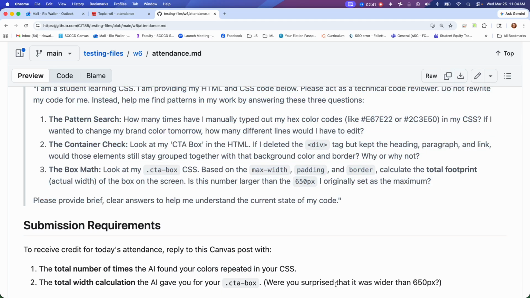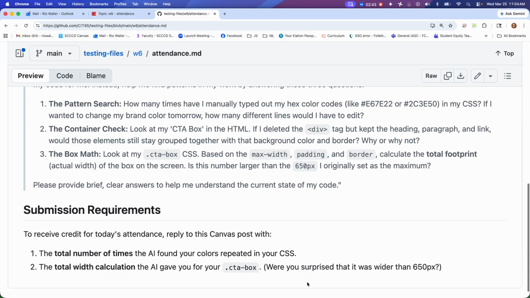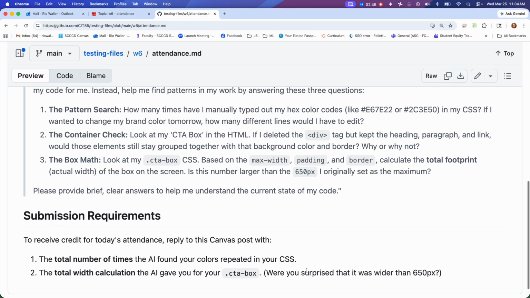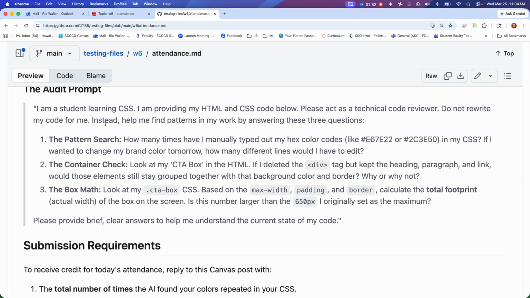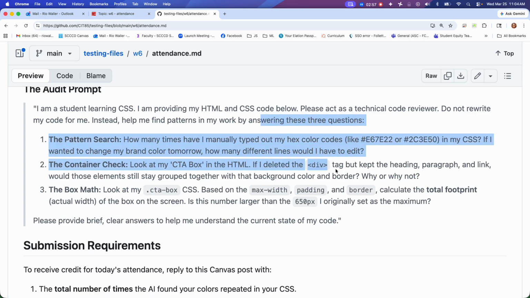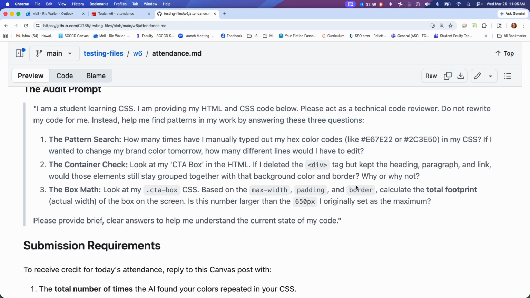We'll talk in a minute about what you'll actually do on the post. You're going to have an interaction with it about some things, because the idea is it's going to help you find patterns in the work by answering these questions. The reason we're bringing these things out is so that this week when you learn it, you'll have a clearer sense of why we are doing these things.